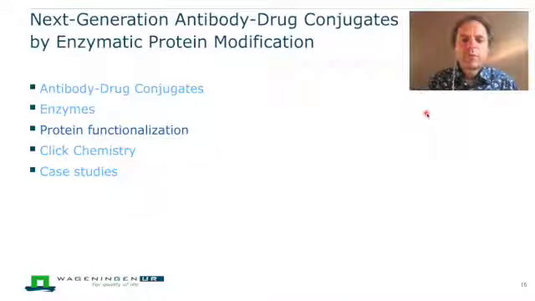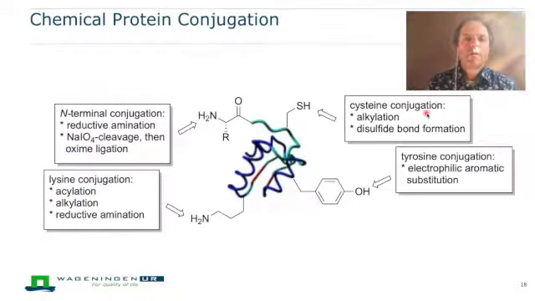Next topic, protein functionalization. You just learned how enzymes can be used for protein modification. However, besides enzymatic methods, we also know a vast array of chemical procedures for protein modification that are basically based on the modification of the native amino acid side chain.